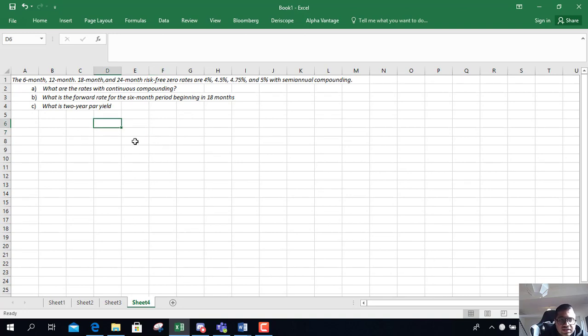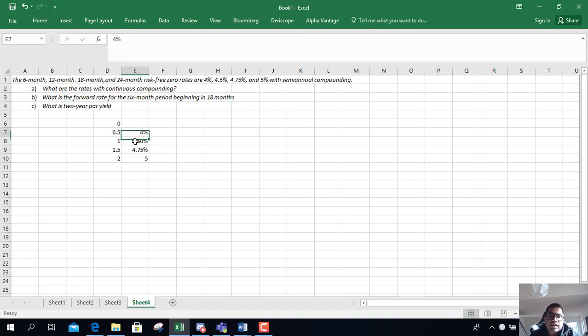So first things first, they have given you some rates. So time period 0, 0.5 years, 1 year, 1.5 years and 2 years. These rates are given to you. What are they? 4%, 4.5%, then 4.75% and 5%.